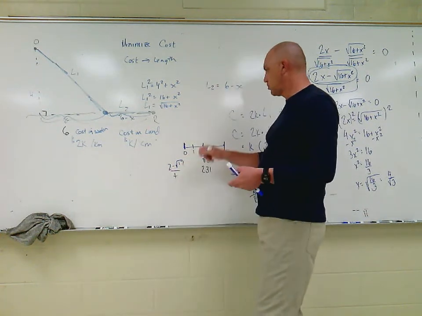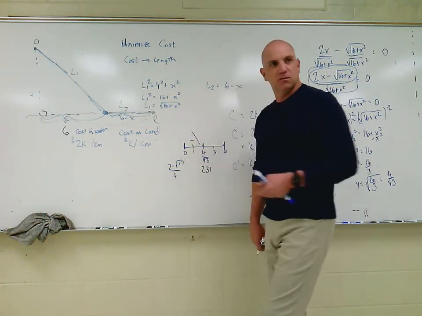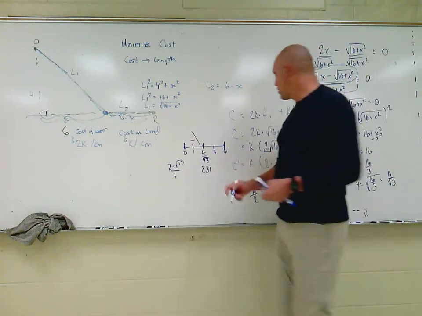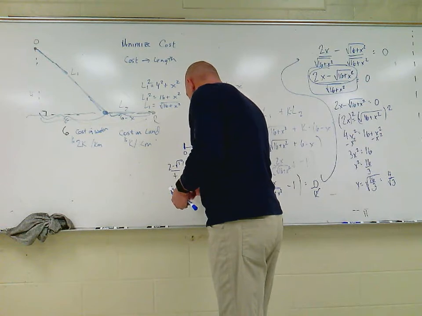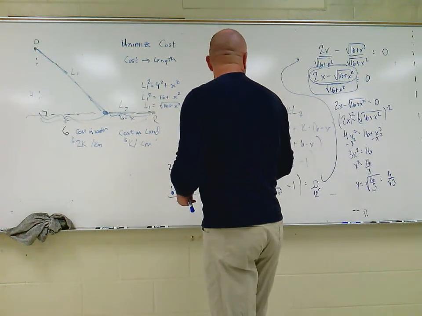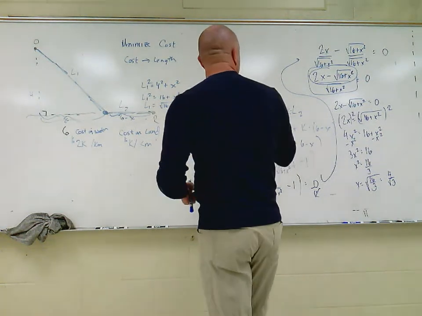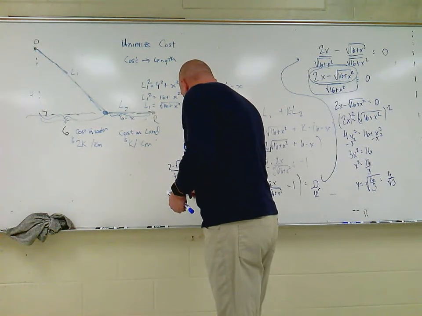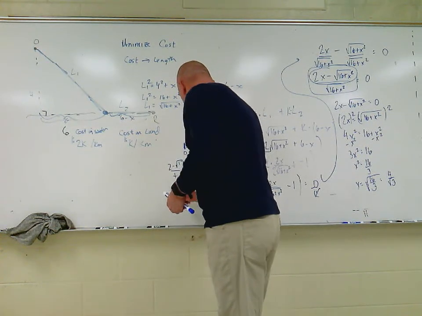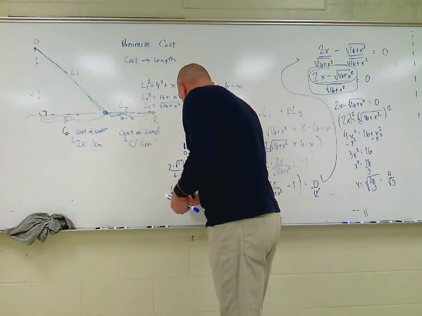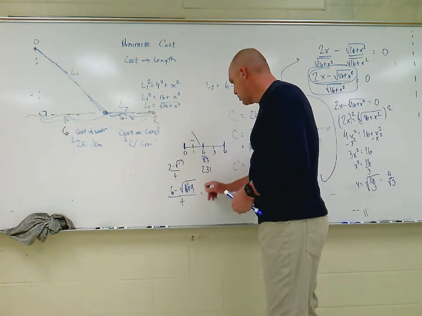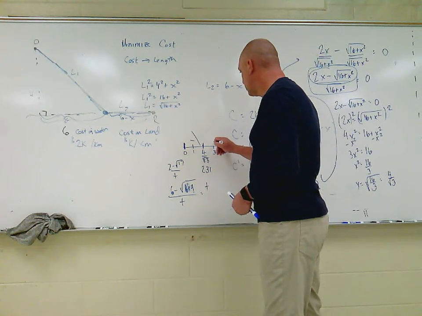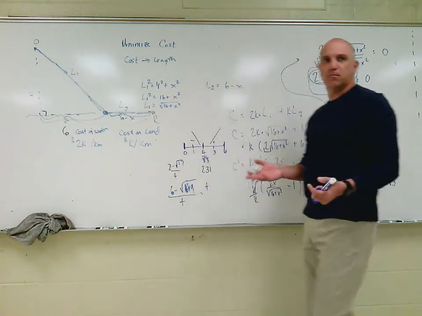Well, 2 minus the square root of 17 is negative, so decreasing. And then if I plug in a 3, I get 6 minus the square root of 25, because it's 16 plus 9, all over a positive, doesn't matter. Well, that's 5. 6 minus 5 is 1. We get a positive answer. So it was a minimum.